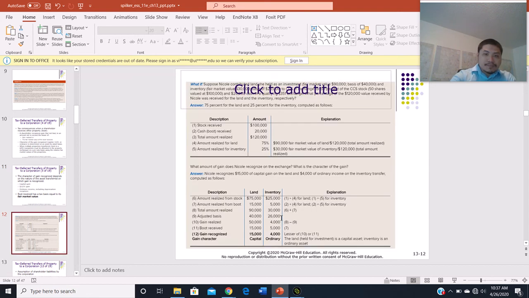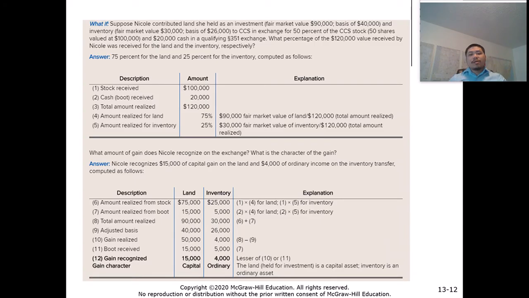All right, so let's look at this example. Let me blow it up, make it easier to see. So the first case asks, suppose Nicole contributed land she held as an investment with a fair market value of $90,000 and basis of $40,000, and inventory with a fair market value of $30,000 and a basis of $26,000 to CCS in exchange for 50% of the stock, and this 50% is worth $100,000, and $20,000 cash in a qualifying 351 exchange, right?